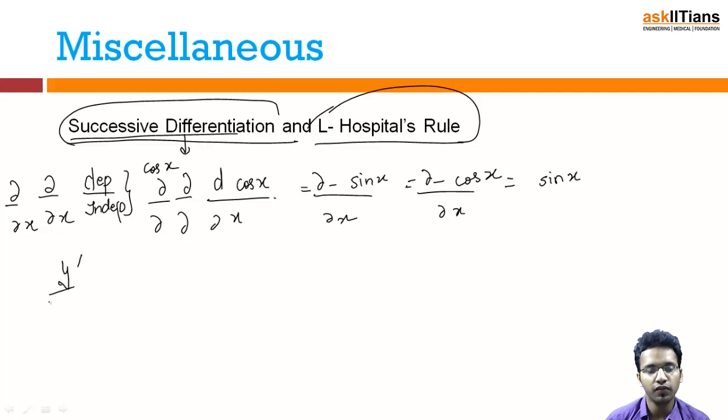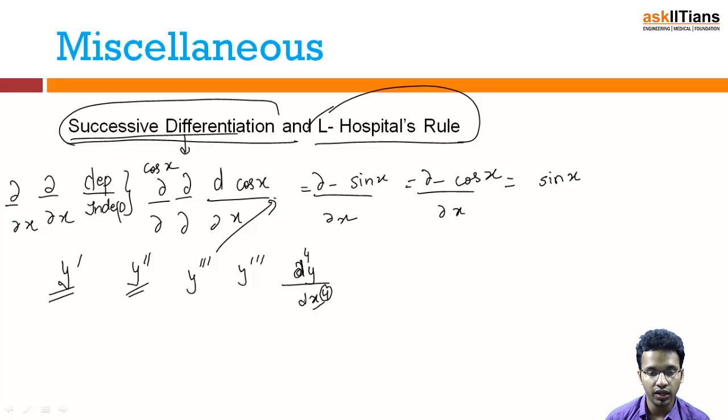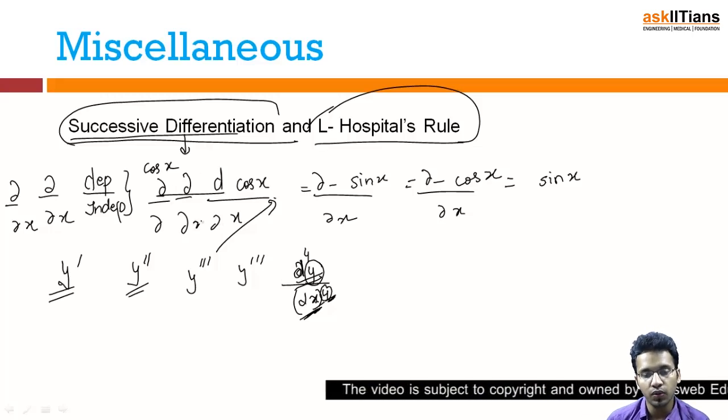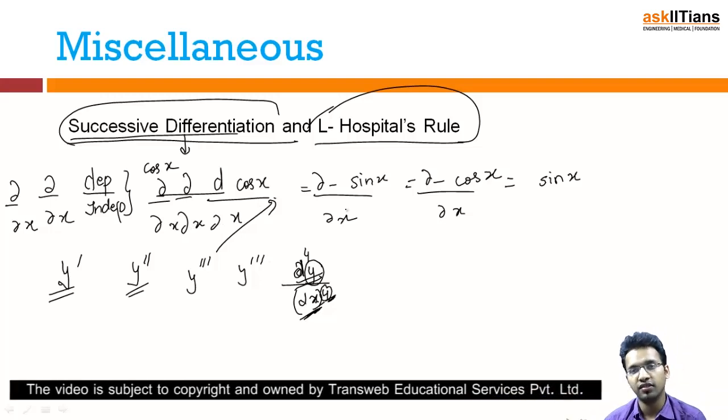So how do I write this basically? For the first derivative, we use the term y dash. For double differentiation, y double dash, then triple dash, this is the notation, and in this form we will write the fourth derivative as d4y over dx4. Now remember, this is not x raised to power 4. This just represents that with respect to x, you are differentiating y four times. It is a symbolic representation: each time you take dx, x gets accumulated.